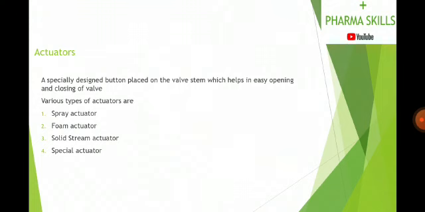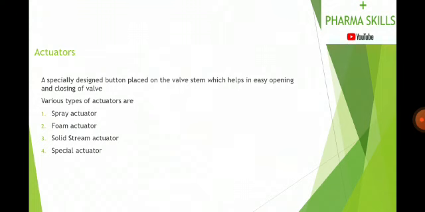Foam actuators. These actuators possess large orifices. Spray actuators possess 2 or 3 small orifices, but foam actuators possess a large orifice. This large orifice is nothing but opening. This large orifice allows the product to discharge in the form of foam.